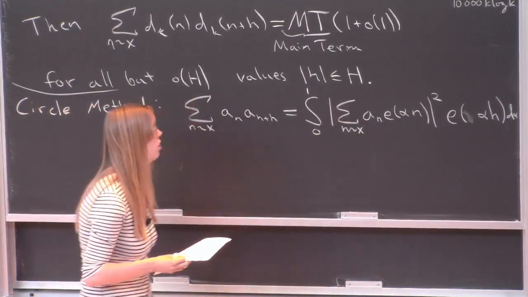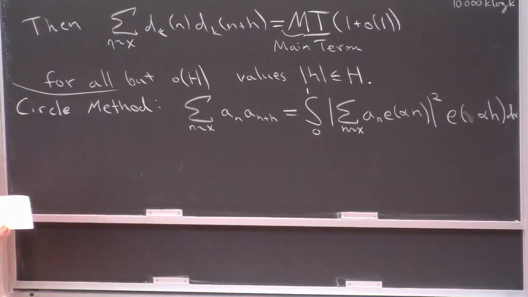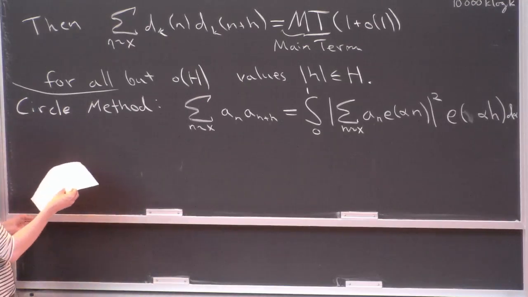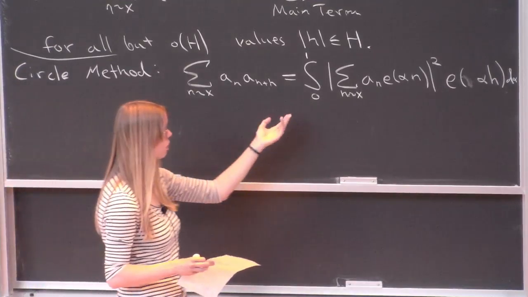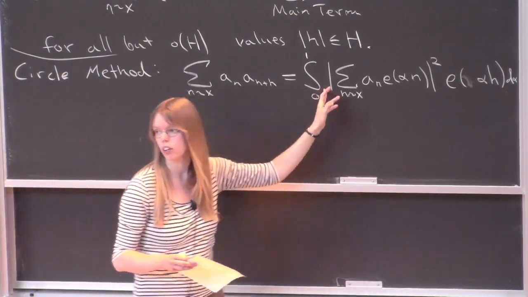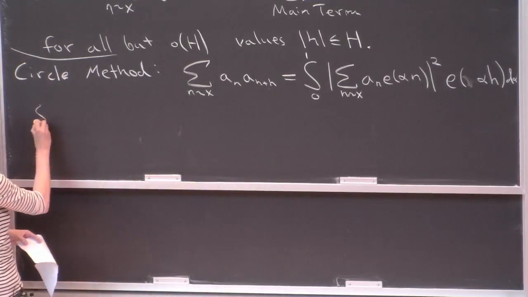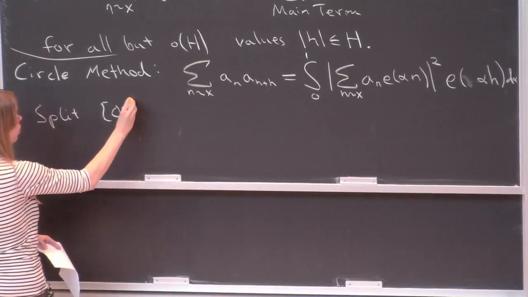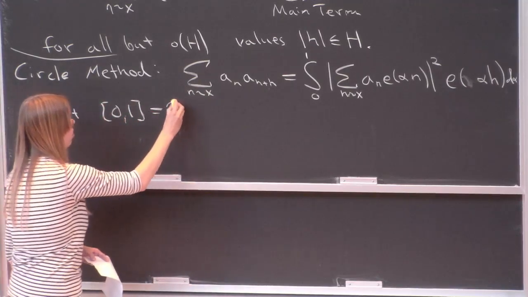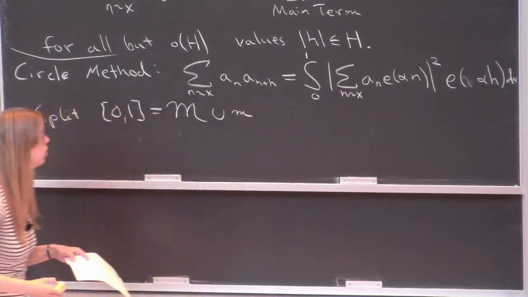But what helps us is that we only want the result for almost all h's. And the first step, as usual in the circle method, is to split this into major arcs and minor arcs. So we split [0, 1] into a union of major arcs and minor arcs.